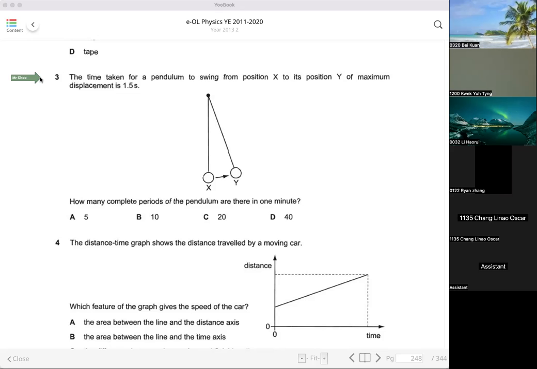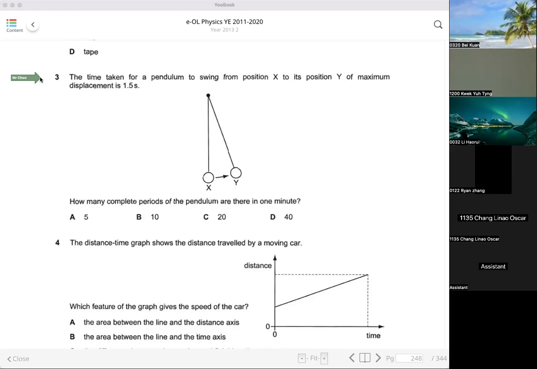Okay, I got my answer already. Huaixing, can you tell me what is the definition of period of one oscillation? Oscar, well done. Beiguan, well done. Ryan, well done. Yuting, well done.